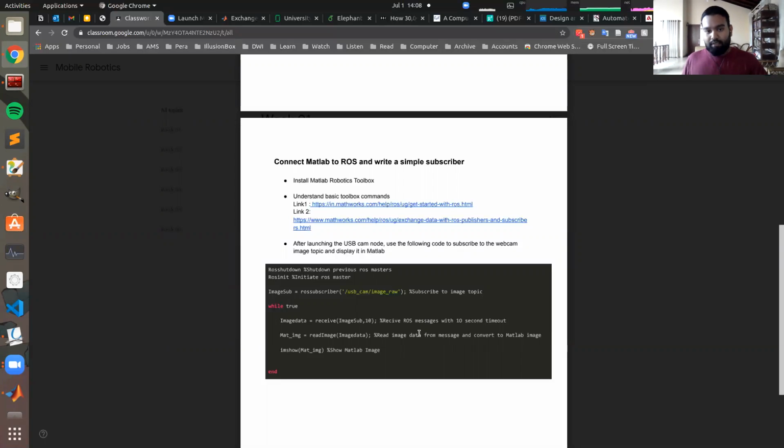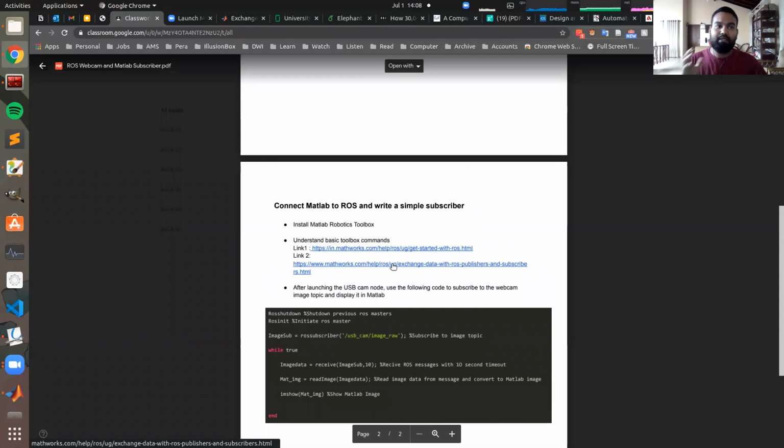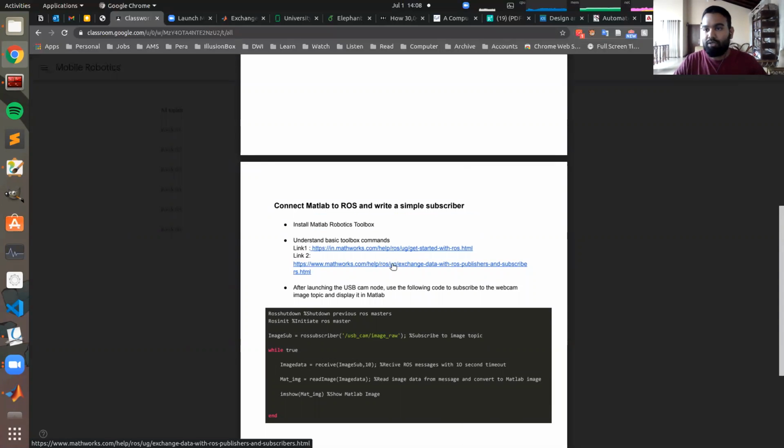Right, so my plan is to try to do a combination of theory and then small practical things like this, right? So till next week, I'll just be mainly using MATLAB, and then from next week onwards, we'll start using Python. The reason I want to start with MATLAB is because that's what I think most of us are familiar with. I don't want to confuse the ROS concepts with the programming concepts, because those are two different things.